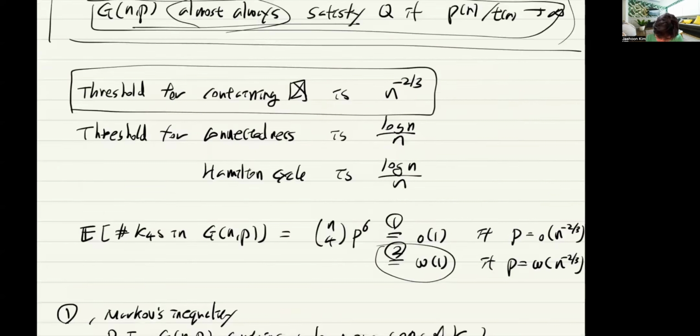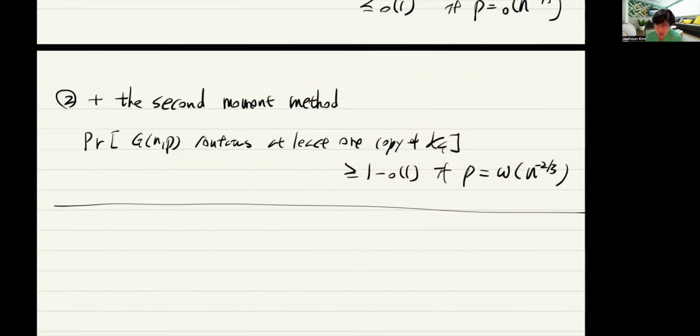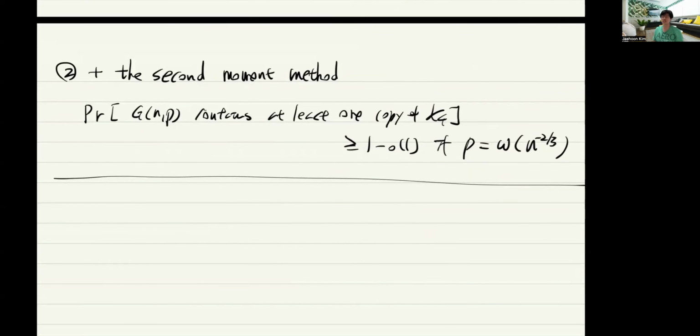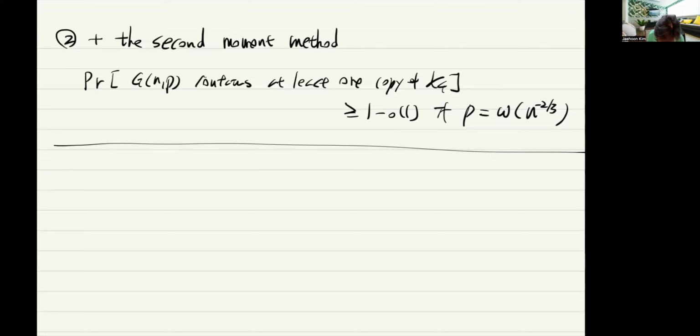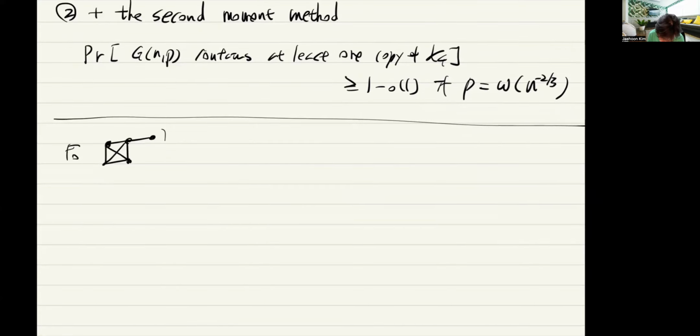Okay, so this gives us some idea. If your property is about containing some structure, then computing the expectation of the number of copies is very natural. However, we have to be a bit more careful. For example, let's consider this graph: K4 together with one extra vertex attached. Say this is F0.